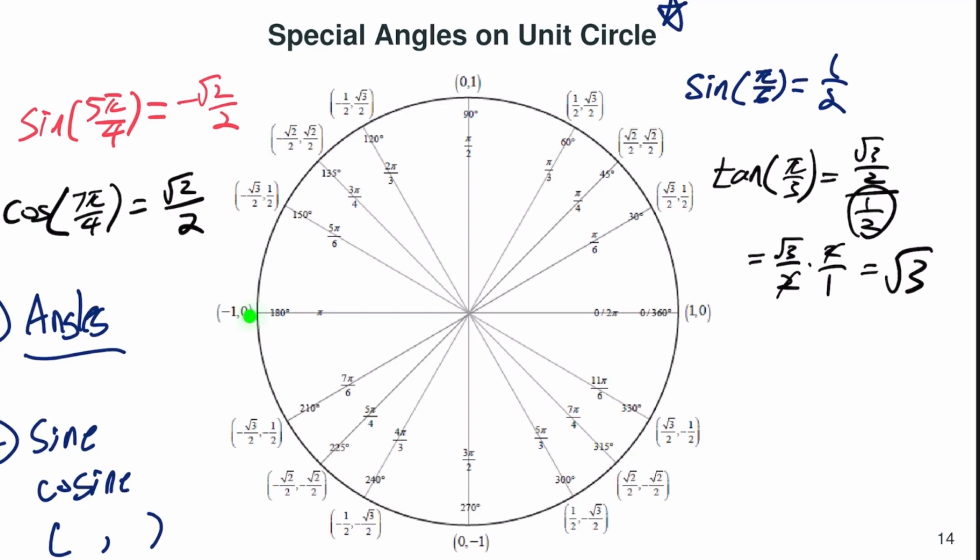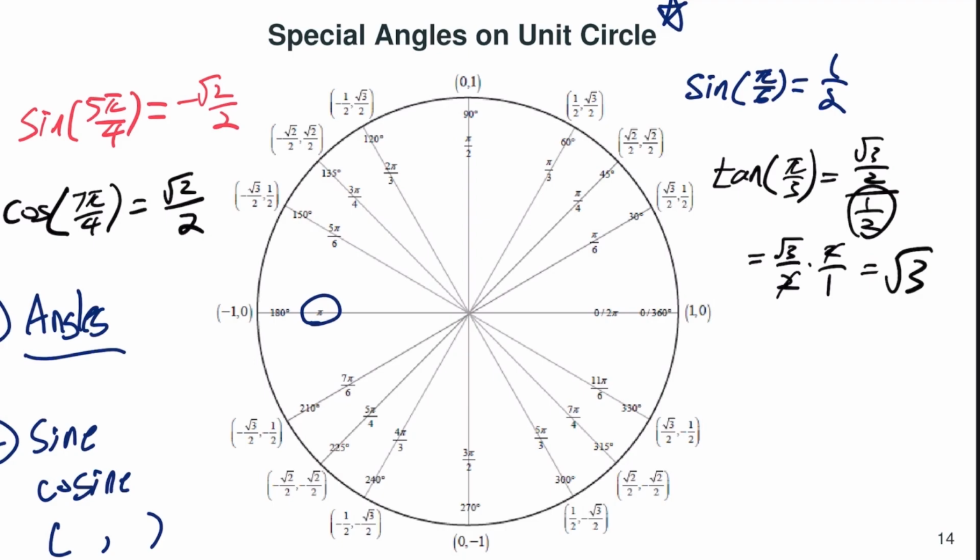Well, we know that a half circle, a half rotation, is pi. That's why this angle is pi. From here to here, the angle is pi. Right? So this is pi, and we divide pi by 2. We have the pi, and we get pi over 2.